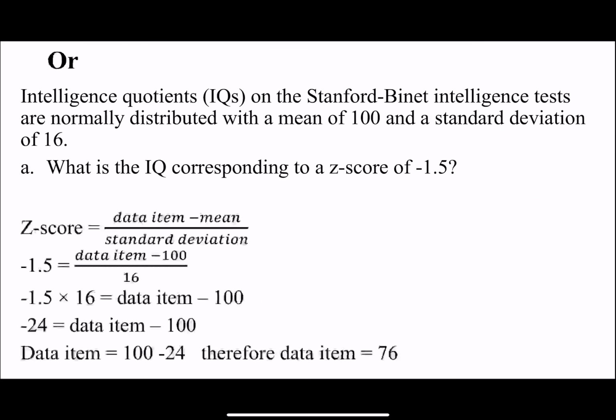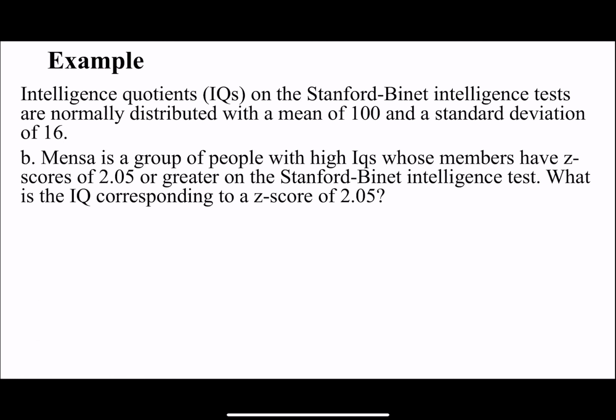Yeah, I used two methods here to find 76. Here we go. IQ scores are normally distributed. Mean value is 100 and standard deviation is 16.